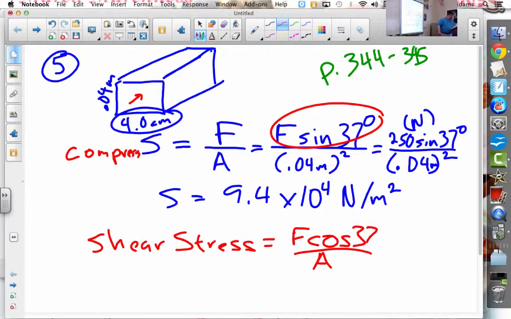The reason that we have that cosine is because the picture looks different. Because it's a book, your force is shoving the book over a little bit. Right? It's shoving the bar. It's deforming the bar in a specific way.